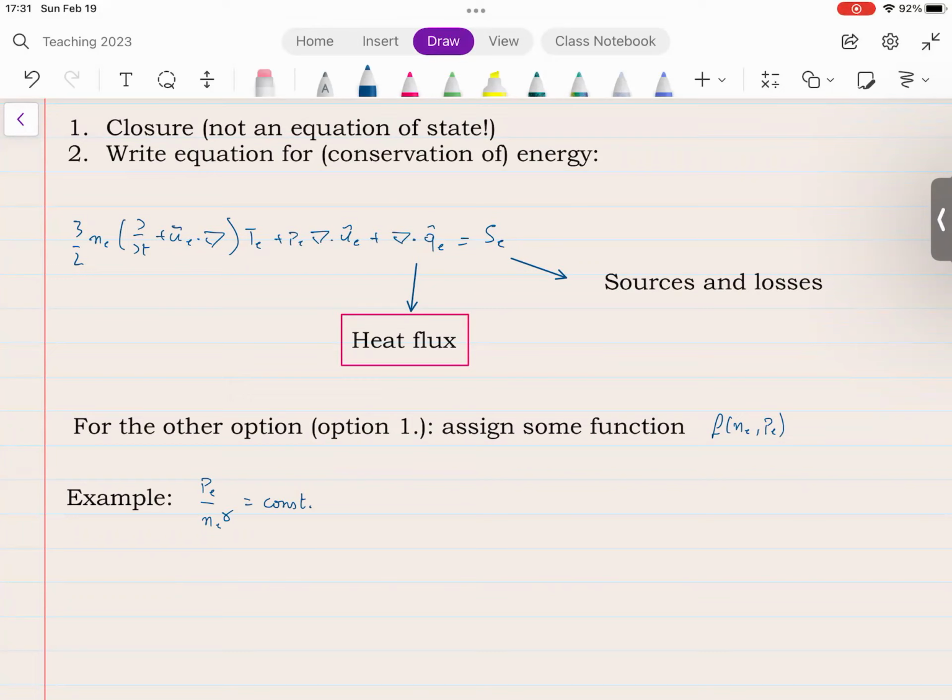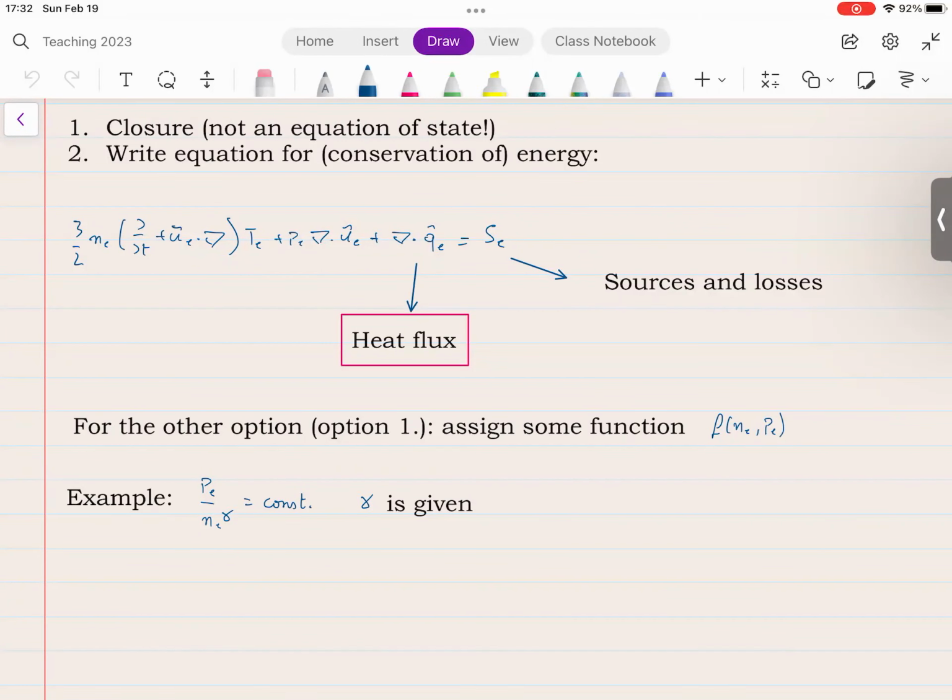Where gamma is some number that I'm going to give you. Okay, so great.